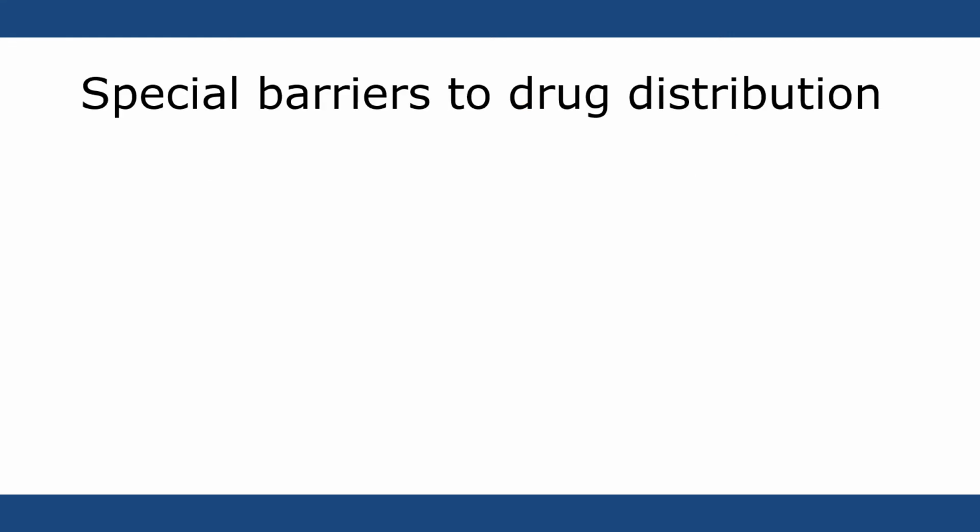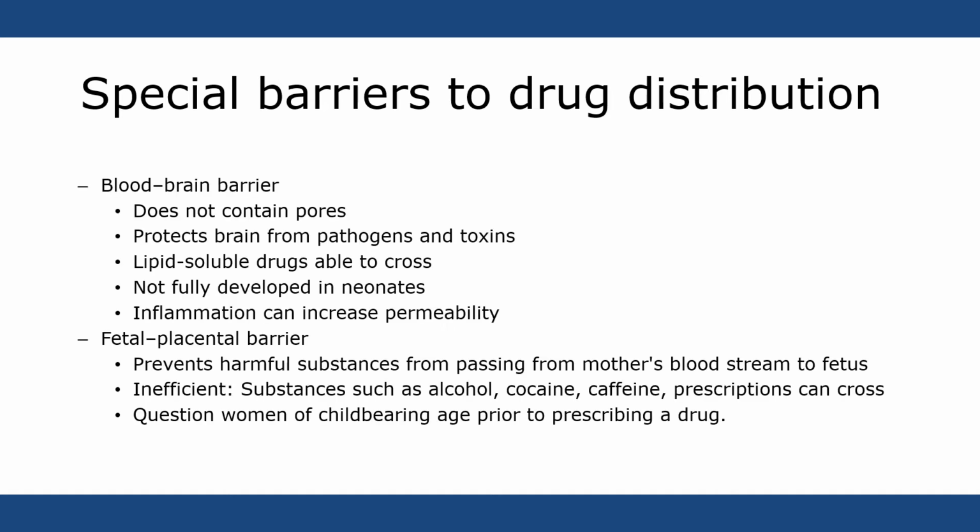We do have some barriers to drug distribution, and that's not always a bad thing. For example, we have a blood-brain barrier, or we have a fetal placental barrier. Remember, the blood-brain barrier does not contain pores, so it's supposed to protect the brain from pathogens and toxins.